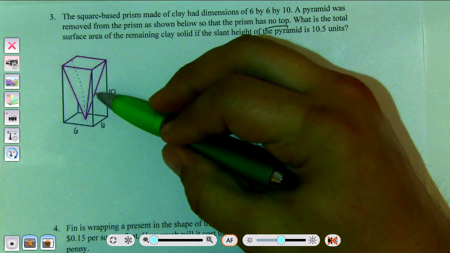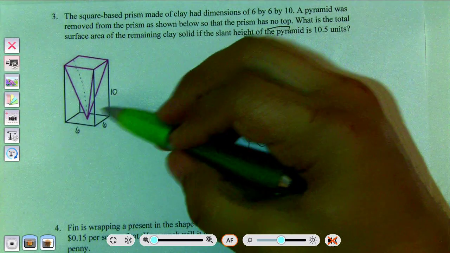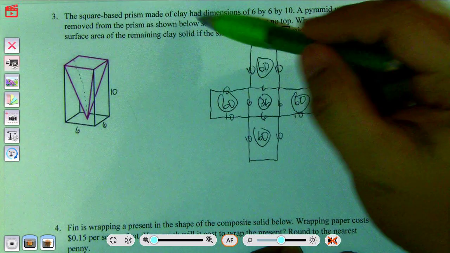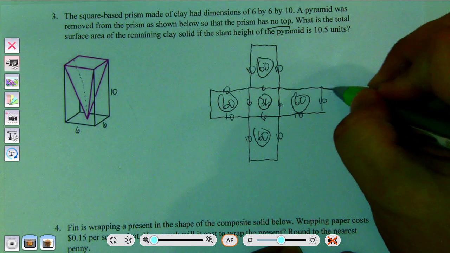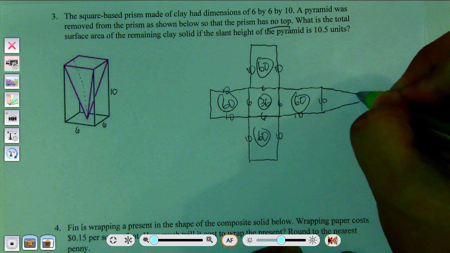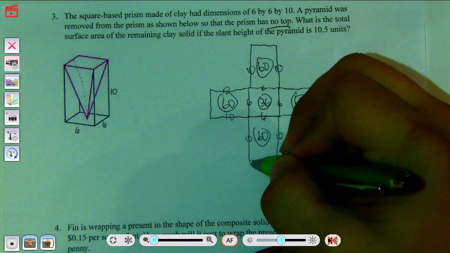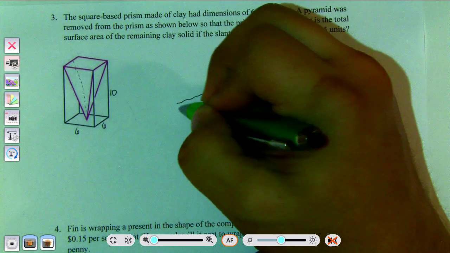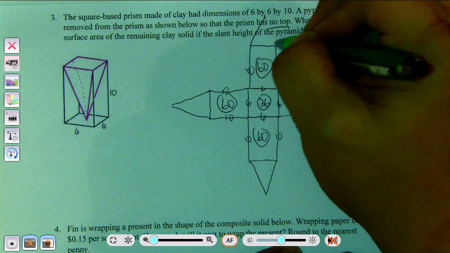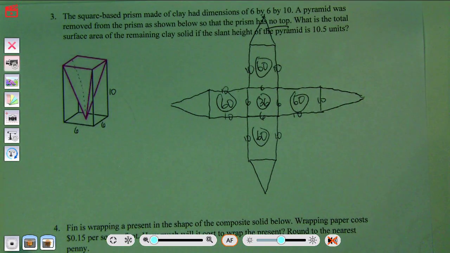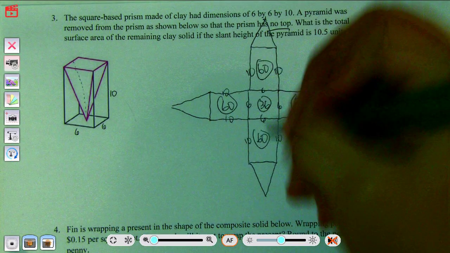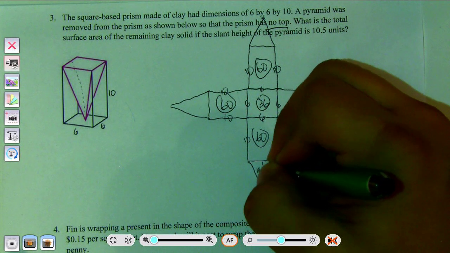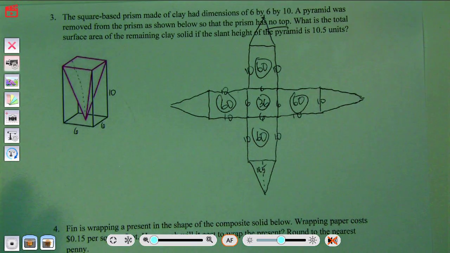But then if I peel back the side of the box, again like a banana, I still have this triangle that will actually swing out and lay flat as well. So we do get triangles along the outside as well. And those triangles each have a slant height. So the height of the triangle is 10.5. So each triangle is the same.